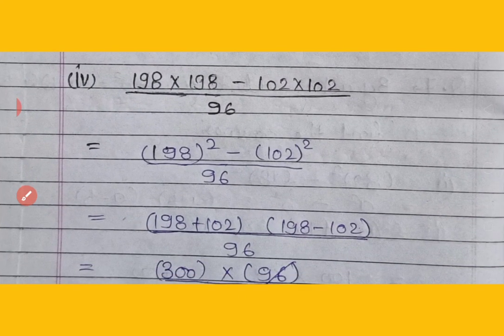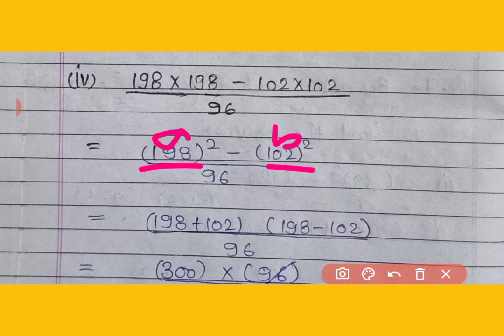Next, 198 multiplied by 198 minus 102 multiplied by 102. Here both numbers are written two times. So easily we can write here 198 square minus 102 square. If the a square minus b square form is given, then easily we can write in the first bracket 198 plus 102, and in the second bracket 198 minus 102.